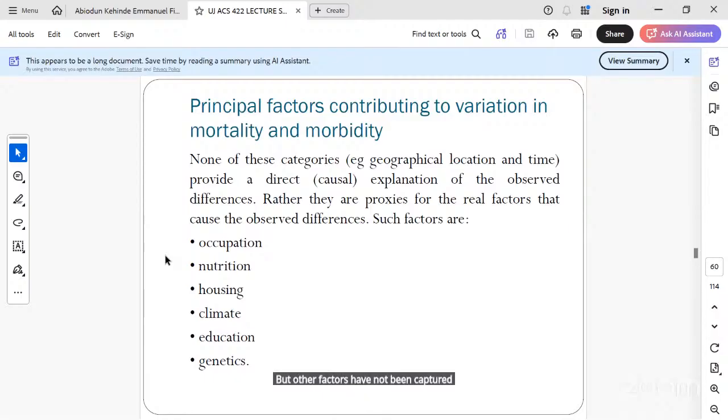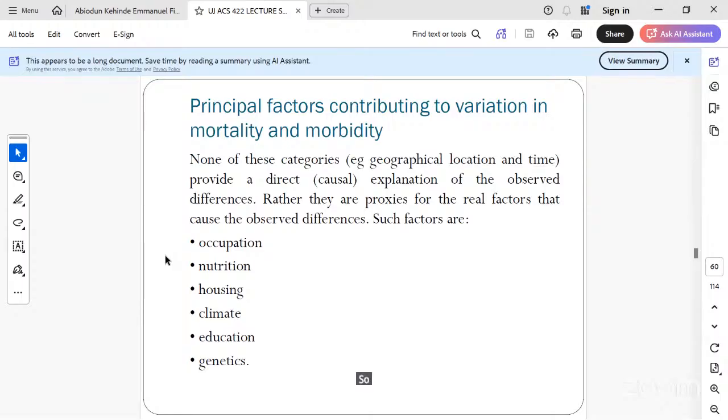And those factors are occupation, okay? Occupation. So we all know that someone that works in the army is more likely to die on the job than a person that works as a teacher in school.